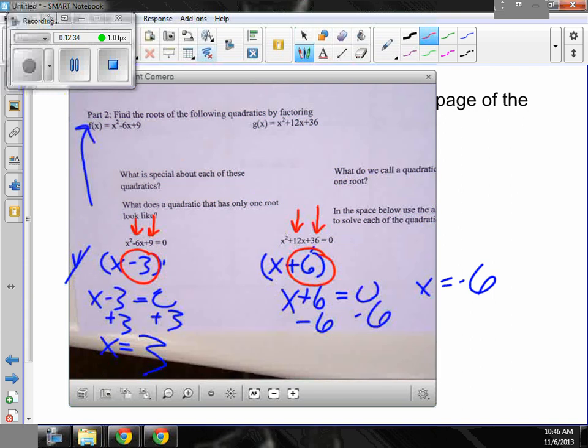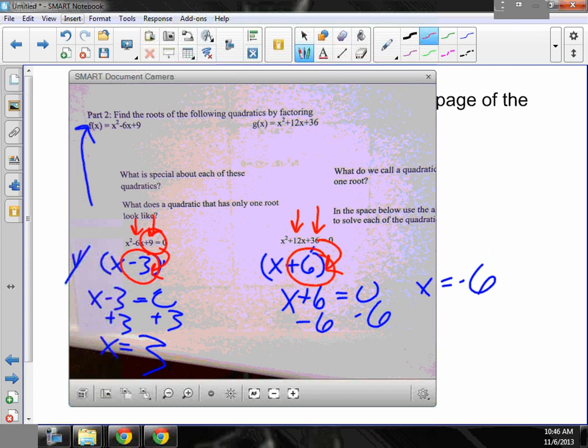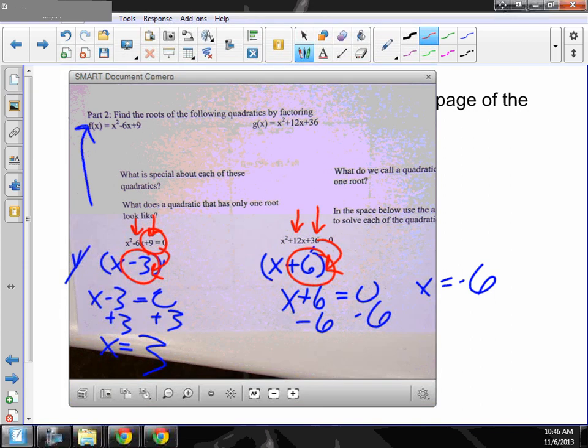Double. So whenever your quadratic is a perfect square, the middle term is double your factor. What about the last term? How does 9 relate to negative 3, and how does 36 relate to 6? It's the square of it. So the middle term is double, and the last term is squared. Okay? And anytime you square something, it will be positive. So the middle sign matches this sign, but the last sign is always positive. That's a good point. Okay, turn the page.